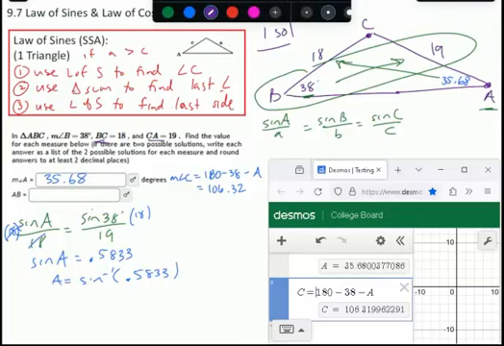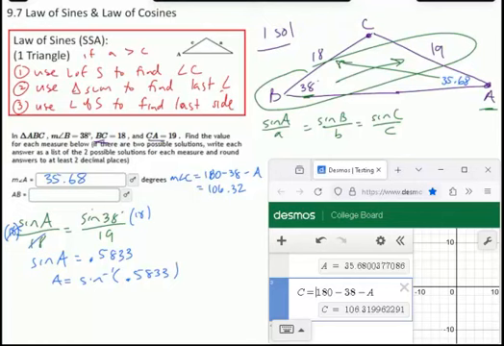The final step is to find my missing side. The last side left is lowercase c. And so to use that, I'm going to take the same law of sines, but now I flip it because my unknown is c over the sine of C. That's equal to, and I can use either of these, but it's the b's that I actually have as my known ratio.